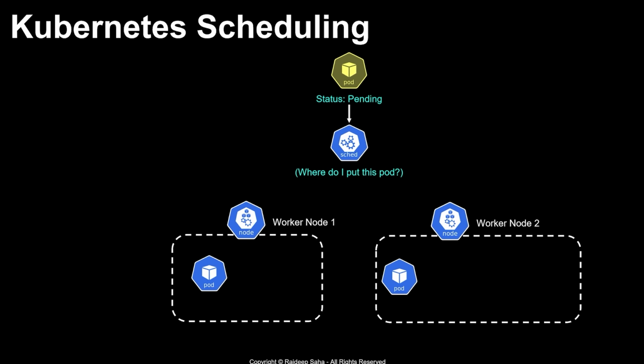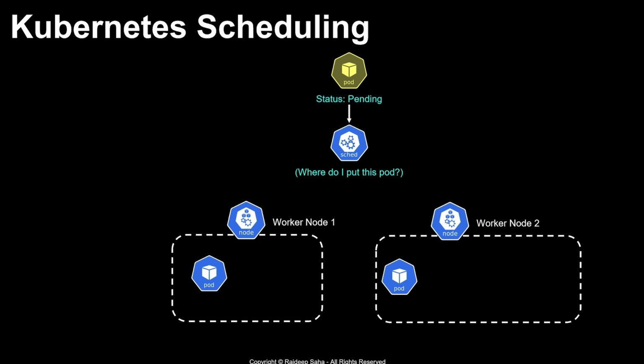Could be an existing pod gets terminated or a whole node gets terminated for some reason. So new pods come up. And then the Kubernetes scheduler, or kube-scheduler, finds out which node this pod should be scheduled on. That's what Kubernetes scheduling means.